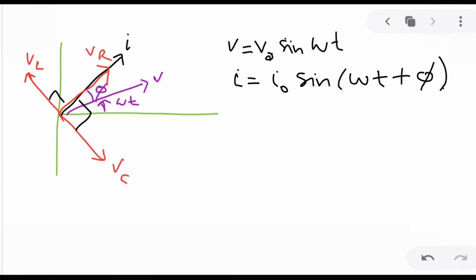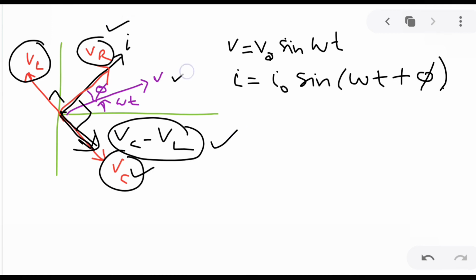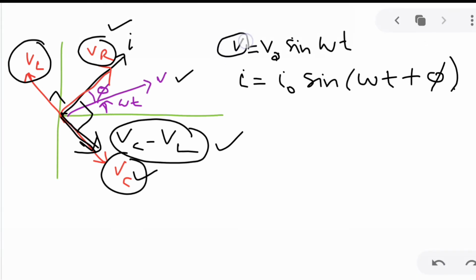From this VL and VC, we took the resultant in this direction because we assumed that the voltage drop across the capacitor is greater than that across the inductor, so the resultant of VL and VC was VC minus VL. So we had two vectors, VR and VC minus VL, in mutually perpendicular directions, and their resultant was marked as V. This is the resultant voltage.